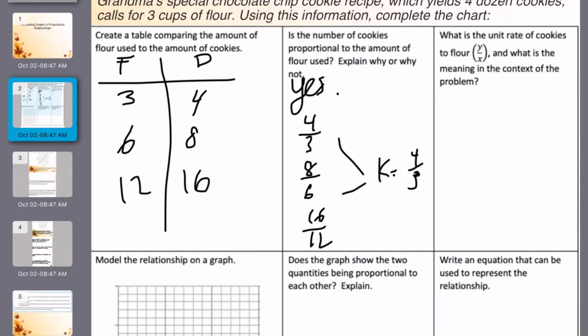What is the unit rate of the cookies? Well, we just said that the unit rate of the cookies was 4 thirds or 1 1/3. And what is the meaning in the context of the problem? This is where we are really extending it this week. What is our actual meaning? So, it just means 1 1/3.